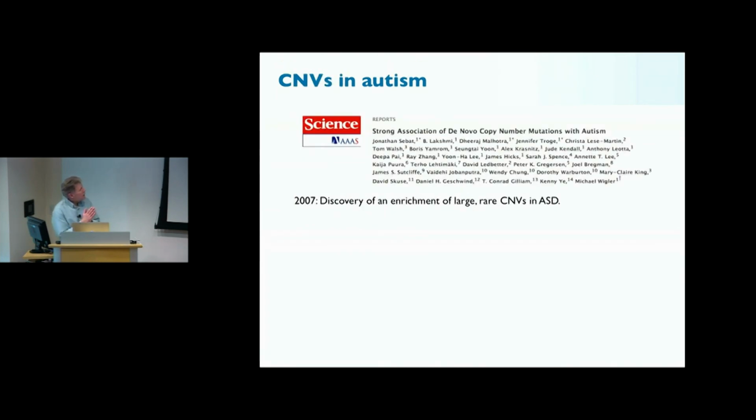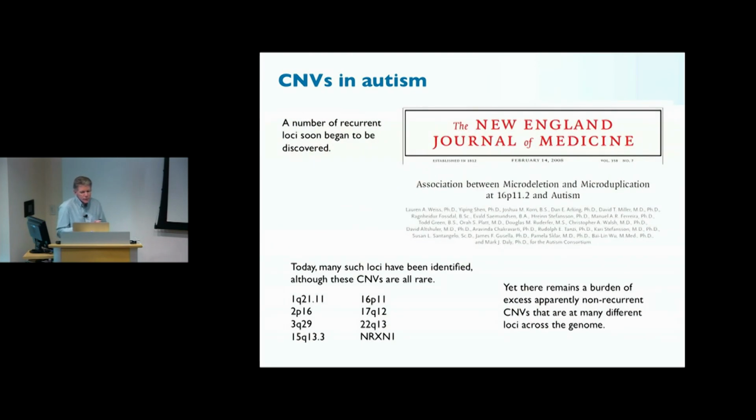And in autism, Jonathan Sebat did some amazing work where he showed that there was this strong association between rare copy number variation and autism, and not a specific CNV that caused autism, but a burden of rare CNVs: if you have a lot of these rare CNVs, that tends to be associated with people who have autism.